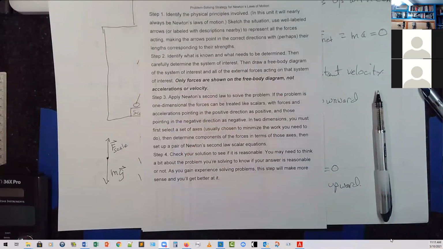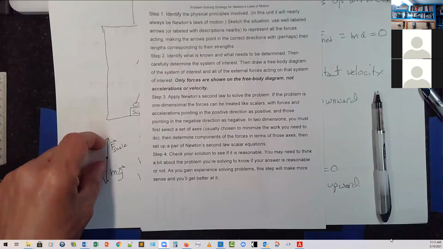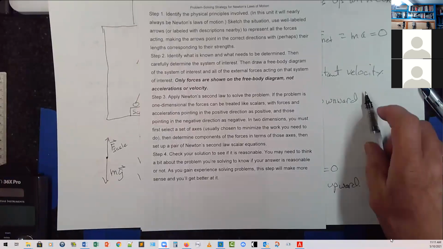But soon we're going to be adding some horizontal forces that may depend on some of the vertical forces. And so things will get a bit more complicated. We'll drag crates across floors and put the rope attached to the crate at an angle and stuff like that.